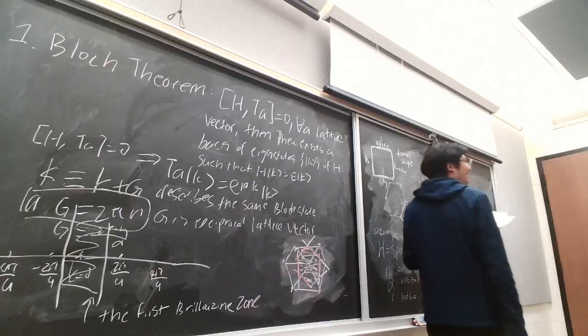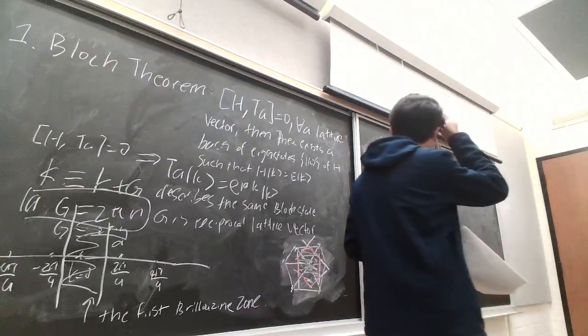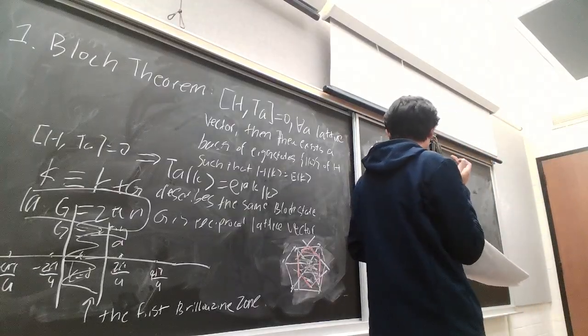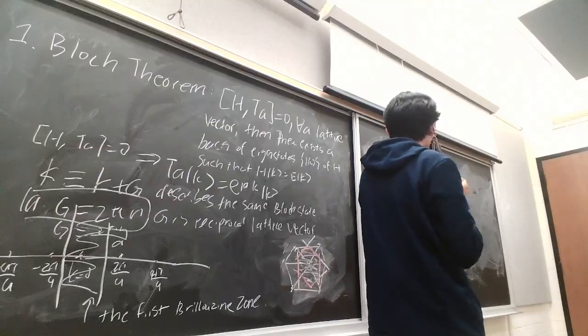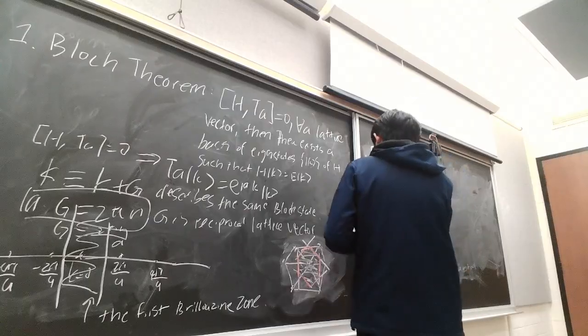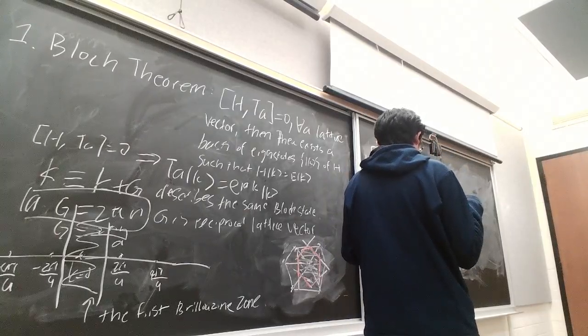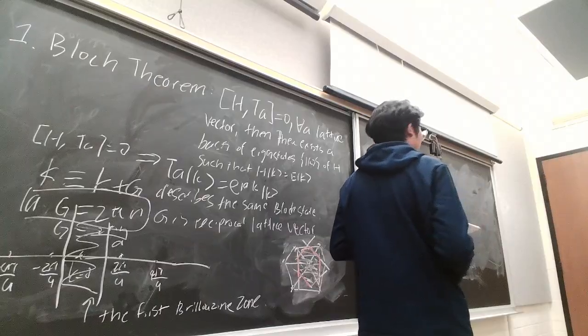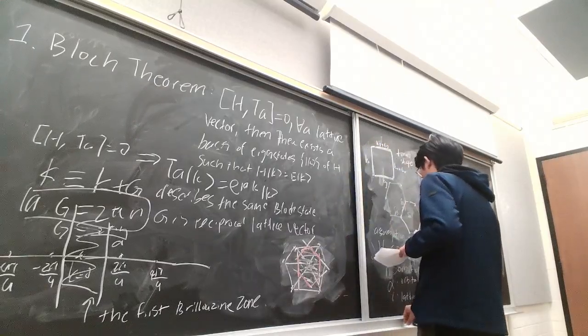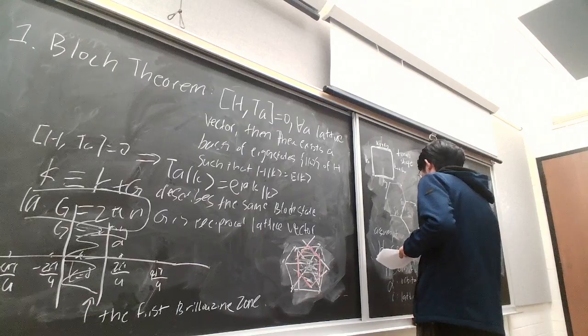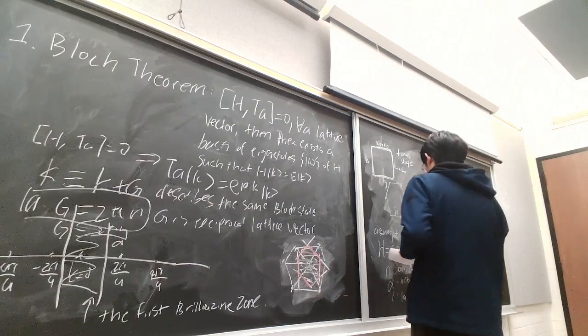Wait, hold on. So alpha is the orbital index, or n is the orbital index? n is the orbital index. So it means what type of orbital? What do you mean by orbital index? I think n is which type of orbital, like SPDF, and alpha is the atom on which it is, so atom type, I guess.